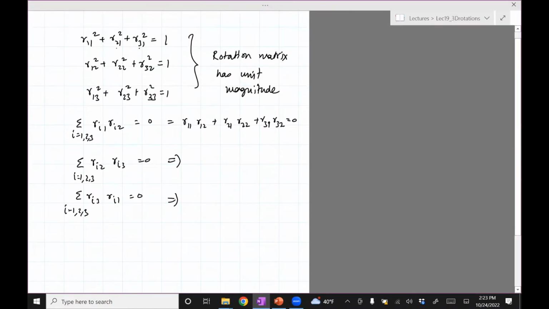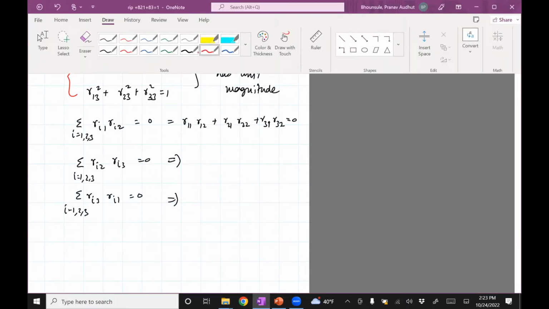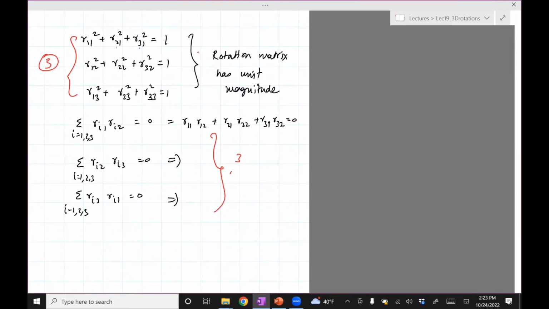Okay, so what we have here is 3 conditions for the fact that it does not scale, and then 3 conditions for orthogonality of the rotation matrix.